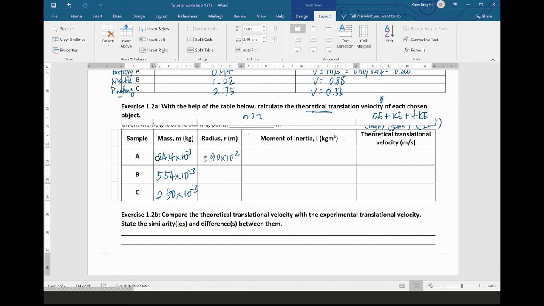As for marble, 0.75 centimeter. Lastly, for ping pong is 1.9 centimeter.